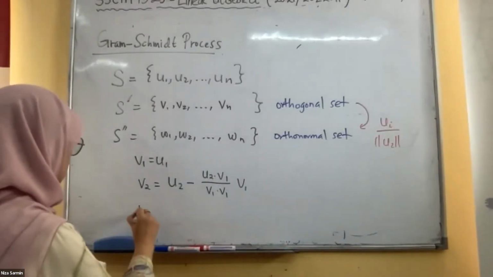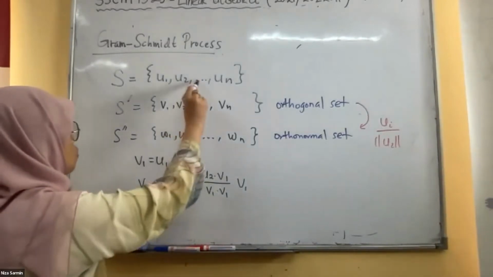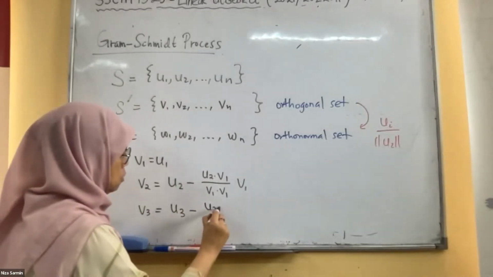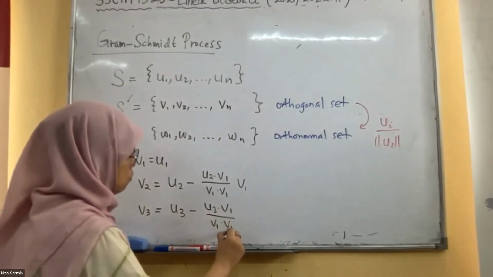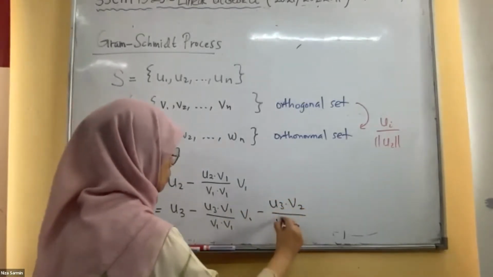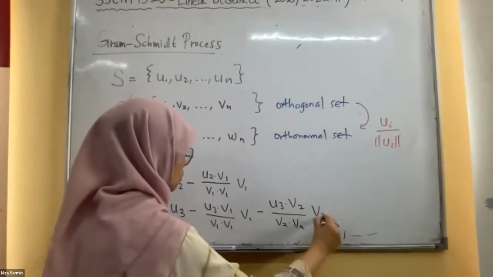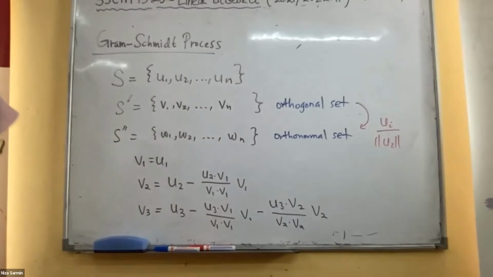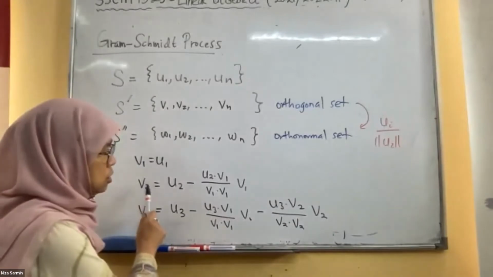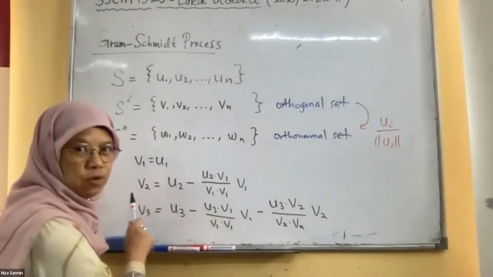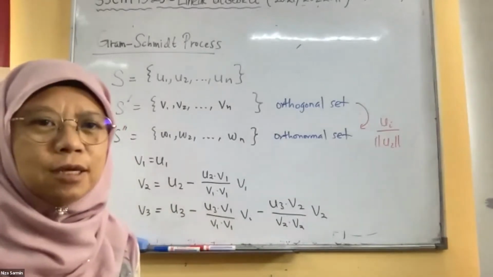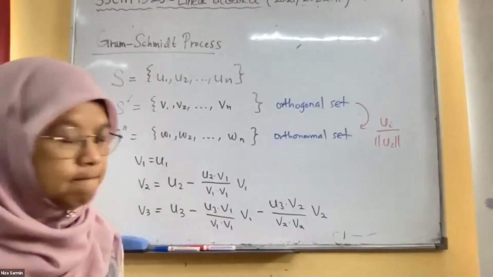Now V3: take U3 minus (U3 dot V1)/(V1 dot V1) V1 minus (U3 dot V2)/(V2 dot V2) V2. So imagine if your V2 is wrong, you need to use this V2 again, so this is also wrong. This is just a computation, but you really need to be careful.